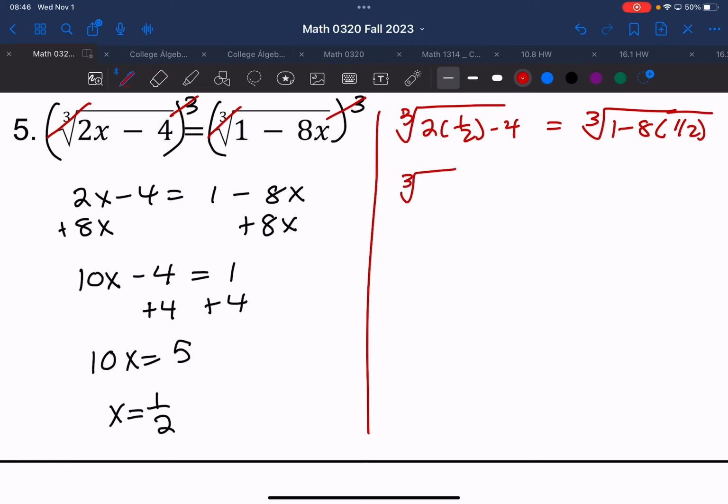So I have the cube root of -3 equals, what's 8 times 1/2? 4. So what's 1 minus 4? -3. You don't even need to continue solving. Are these the same on both sides? So that means this is true or false? True. So that means our answer is 1/2.